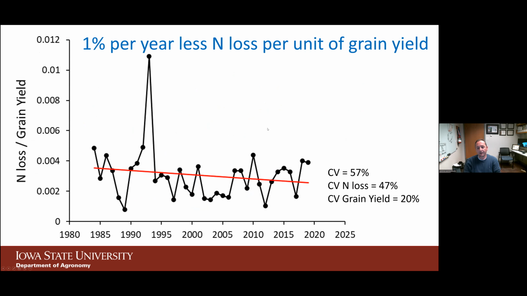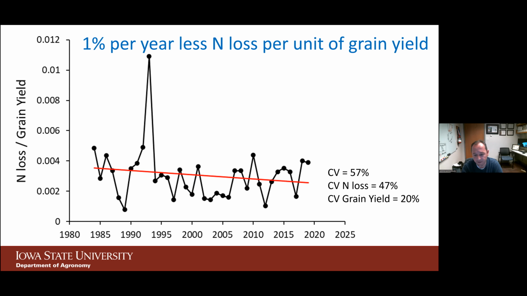Now, one metric that we use to evaluate the performance of a cropping system is the yield scaled emissions. There are different ways to calculate this one. One way that I saw a lot in the literature is nitrogen loss divided by the grain yield. When I did these calculations here, we see that there is 1% per year less nitrogen loss per unit of grain yield.